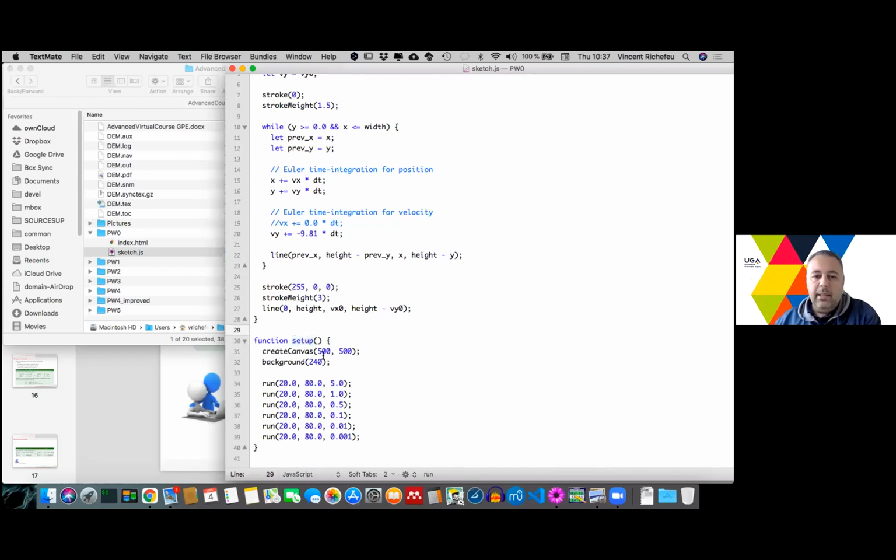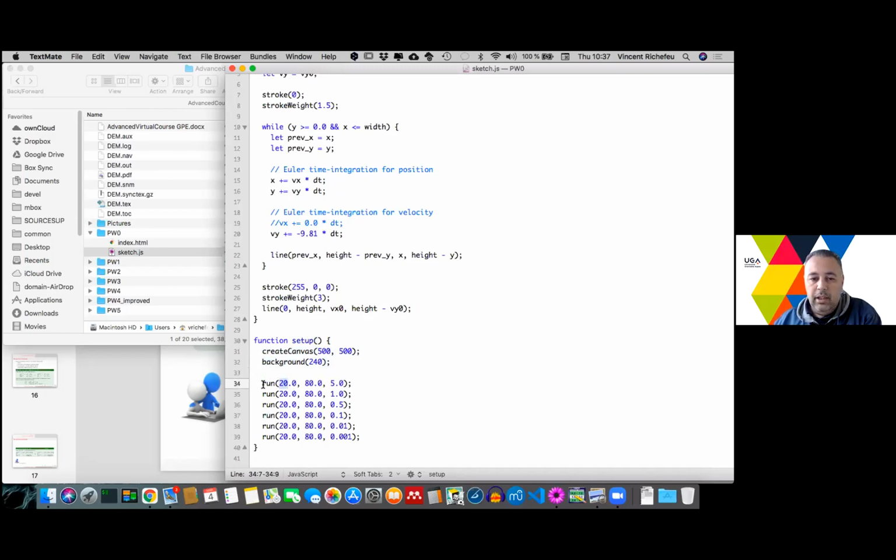So here in this example, I will create a canvas to display things. The canvas is 500 pixels by 500 pixels. We clear the background by setting a light gray. And we perform different runs of our simulation, which is defined here.